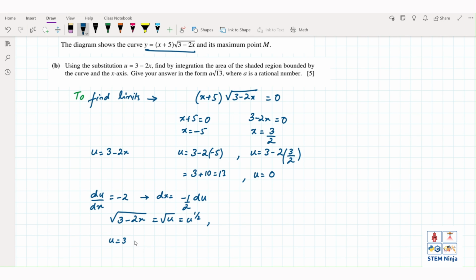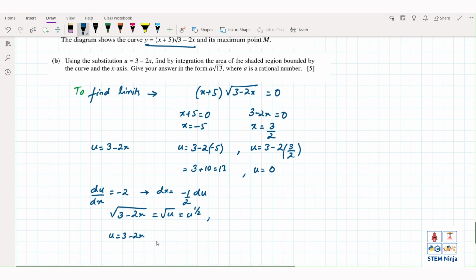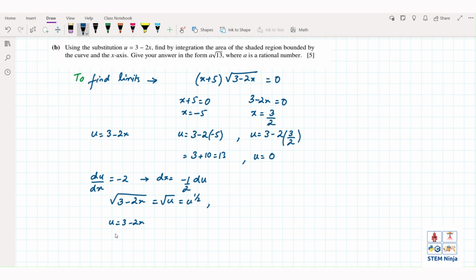If u is equal to 3 minus 2x, we need to figure out what x is. 2x would be 3 minus u, so x would be (3 minus u) over 2. So x plus 5 would be (3 minus u) over 2 plus 5, which becomes 10 plus 3, 13, minus u over 2.